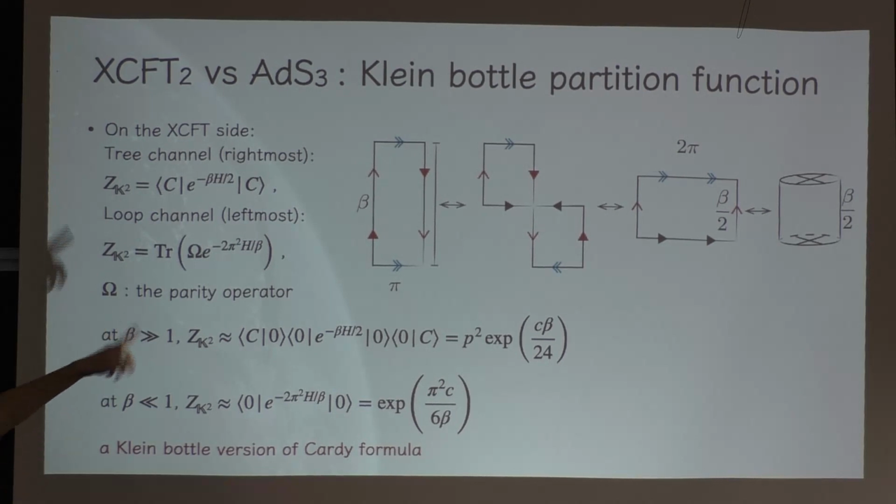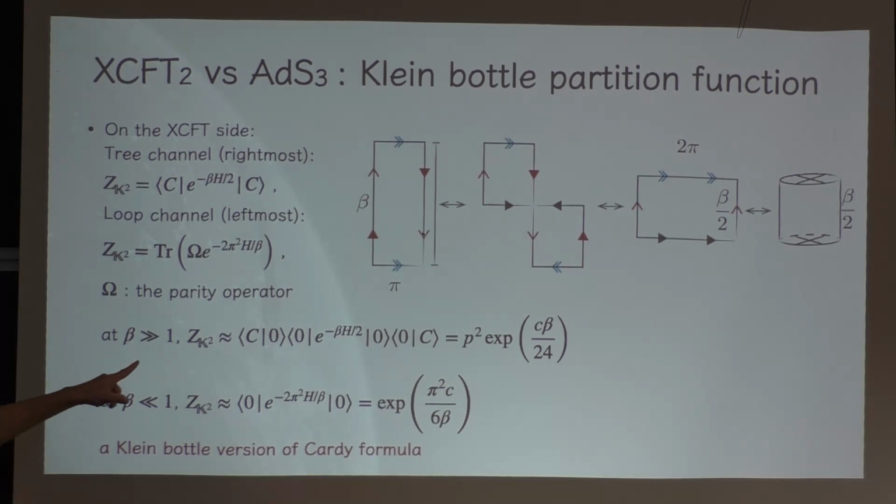Here I depicted a sketch of the definition of the Klein bottle. Usually we use this picture to define a Klein bottle, where you identify this boundary and this boundary, and you identify this boundary and this boundary with the parity twist.